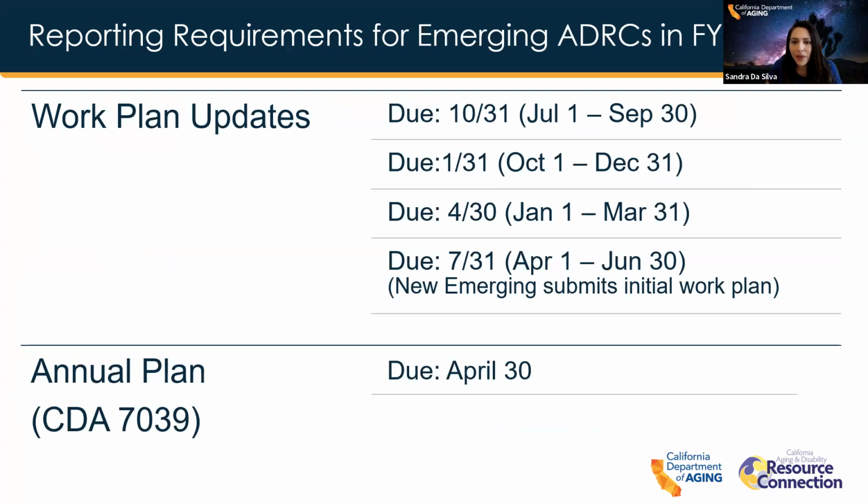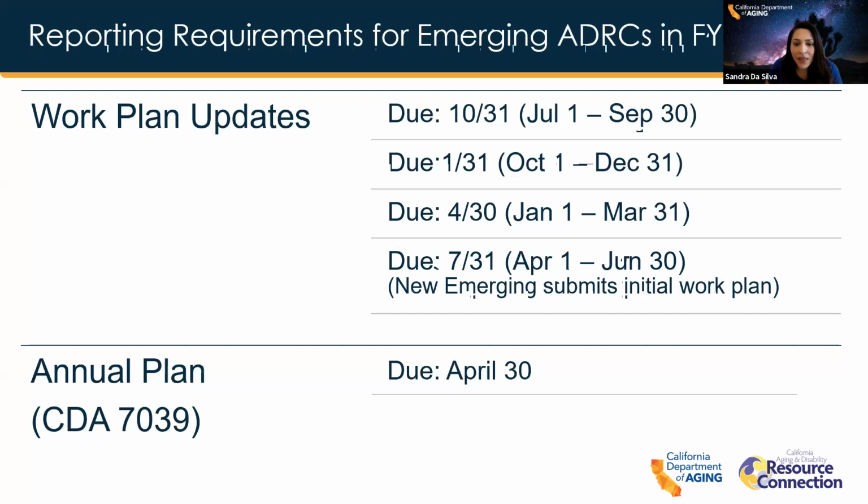And here we have displayed the reporting requirements for emerging ADRCs in fiscal year 24-25. Work plan updates. This information helps us measure the progress of our ADRC development expansion. The due dates are first quarter, October 31st, second quarter, January 31st, third quarter, April 30th, and finally quarter 4, July 31st.